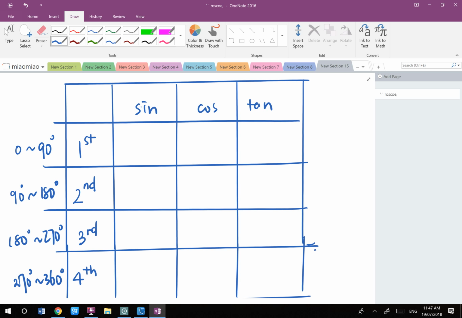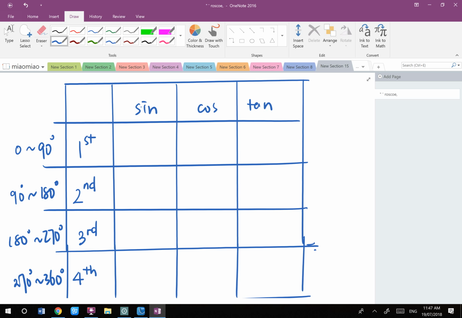I want to put a positive sign or negative sign into those boxes. I want to see whether the sign of that angle will be positive or negative in this box, for sine and cosine. Think about any coordinates in the first quadrant.